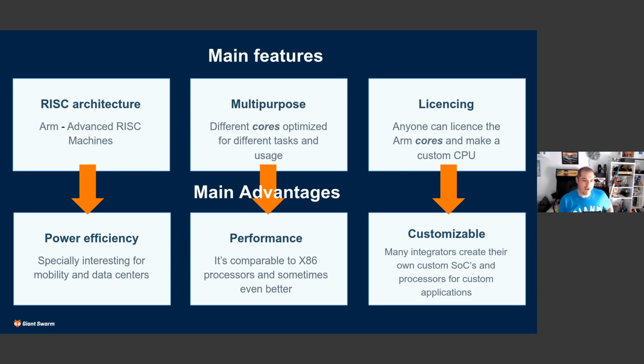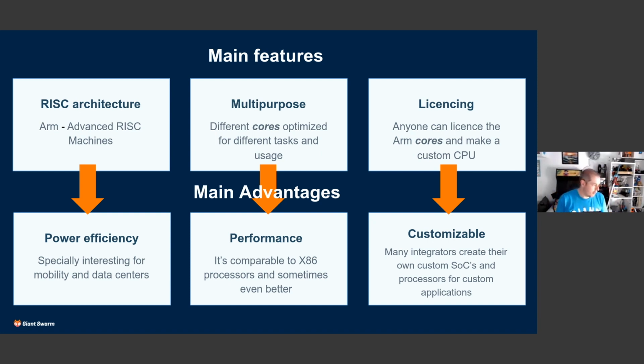And now they are comparable. Years ago they said mobiles are not so powerful, less powerful than desktop or laptop computers or x86 processors. But now performance is comparable, and sometimes even a little bit better.